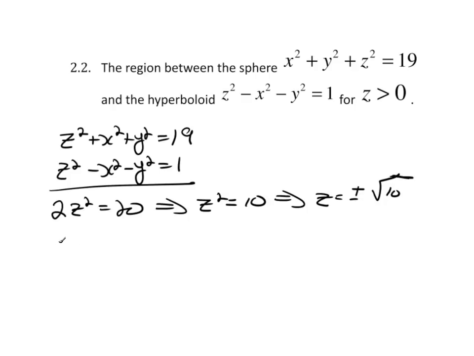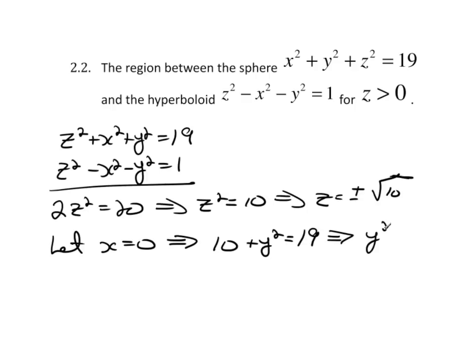And let's see, if I let x equal 0, z squared is 10, so I'll have 10 plus 0 plus y squared equals 19, which means y squared equals 9. So y is equal to, sorry, I kind of crunched that in, plus and minus 3.